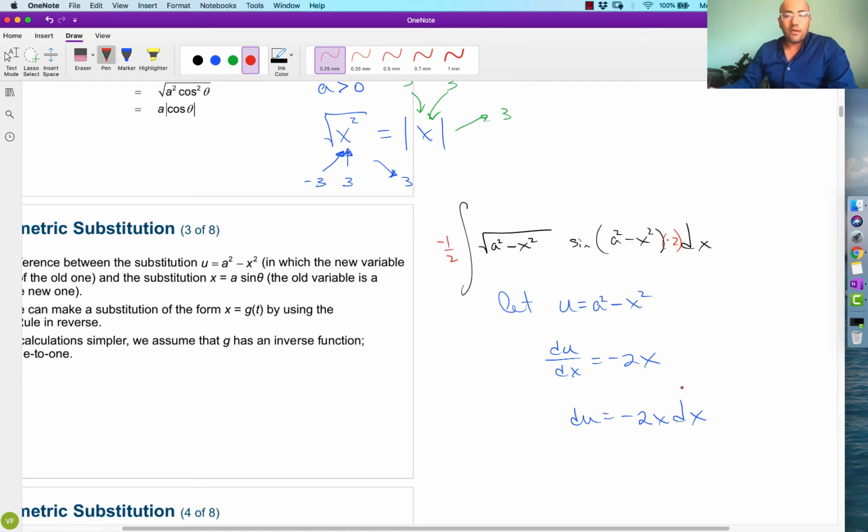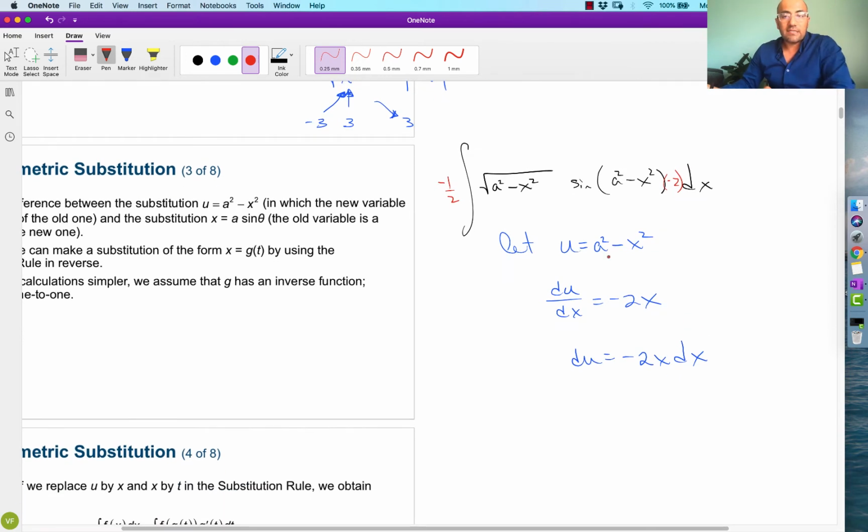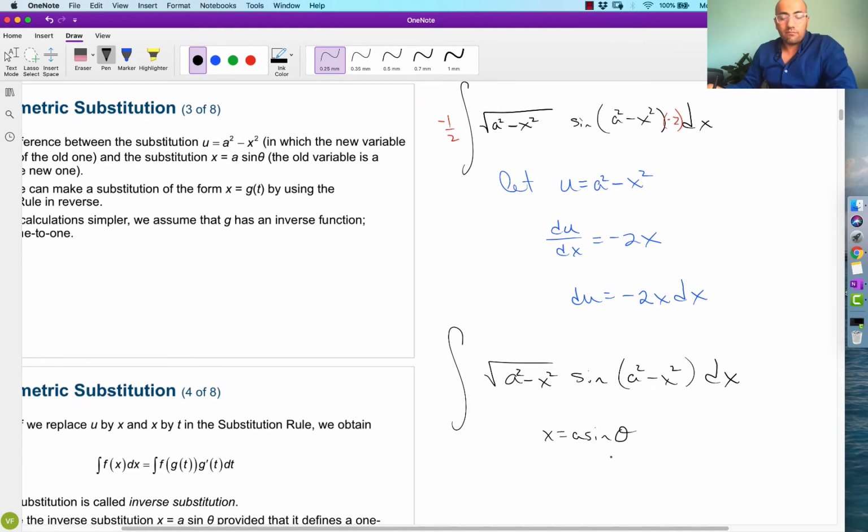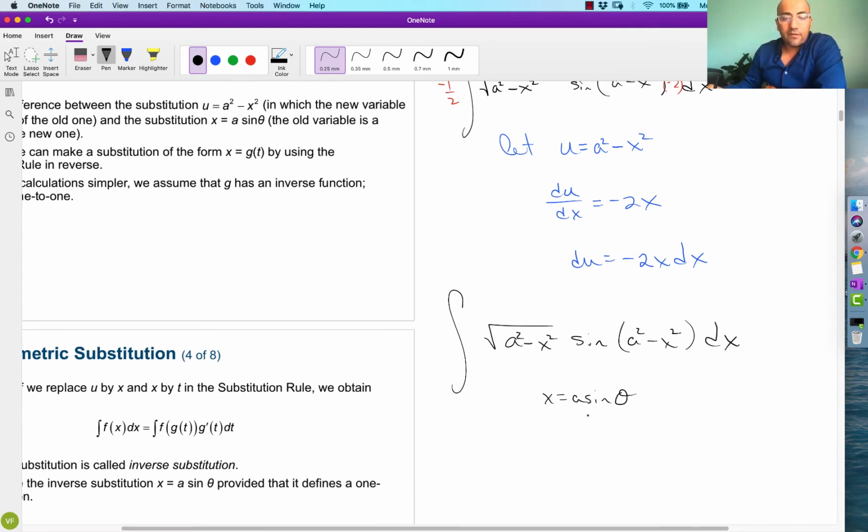Good. On the other hand, if I'm facing the exact same question, the integral of the square root of a squared minus x squared, sine of a squared minus x squared, dx. Okay, so the idea is I'm going to let x equal a sine of some new variable theta. Then I can substitute it in there and hopefully get something useful out of it.